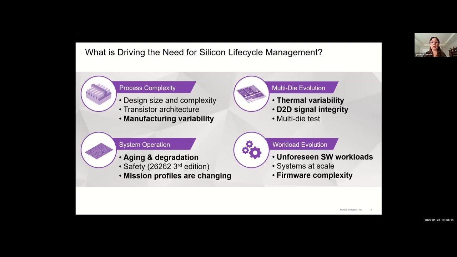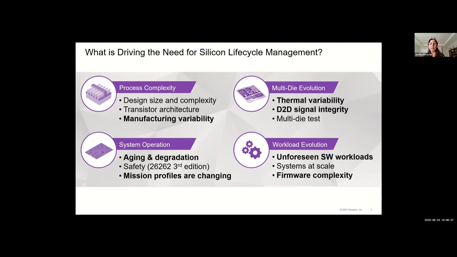Not to also ignore the fact that we are now driving into new mission critical applications which require high levels of safety and integrity, such as automotive, with ISO 26262 as the governing standard, and its third edition is currently underway.